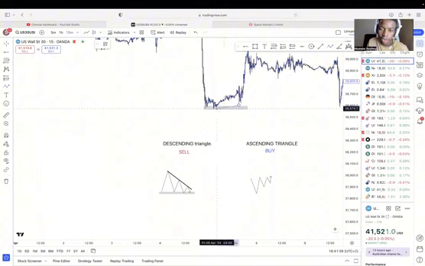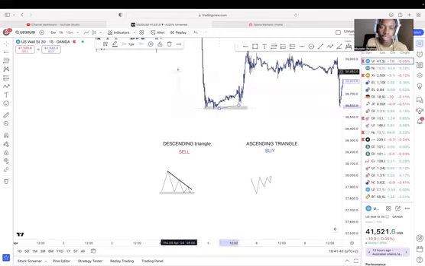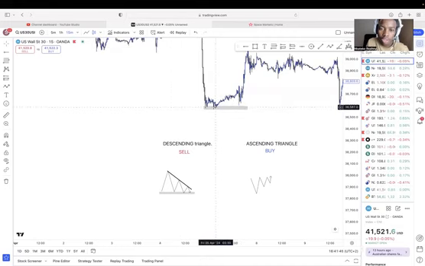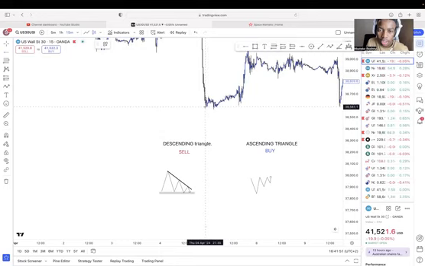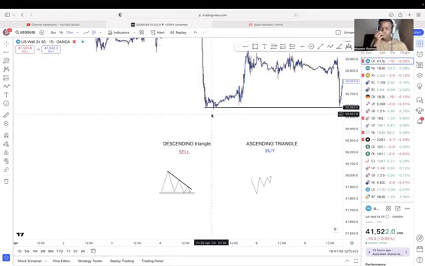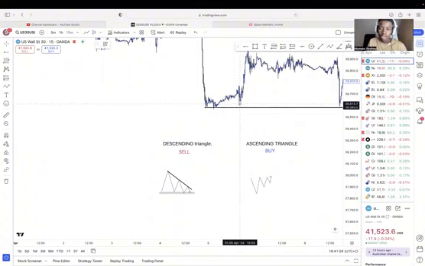Let me erase this and then put a line here, a ray like this. You can be confused where actually the breakout is. You may be confused if the breakout is here or the breakout is currently actually completely out of here.